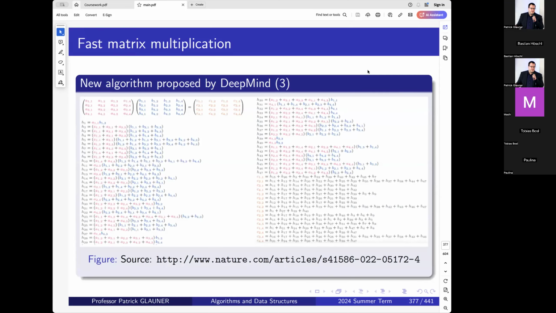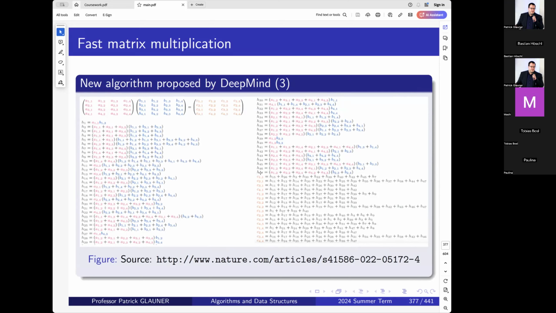Now, what does the new algorithm look like? So we have 4 times 4 matrices, and we have this result here, C, which is the product of A and B. And it actually turns out that you can calculate C11 up to C44, but you need a lot of auxiliary matrices. The auxiliary matrices come with fewer multiplications.